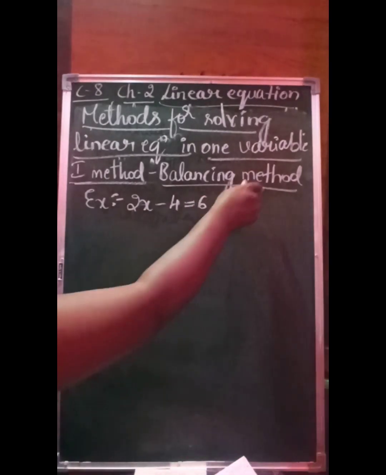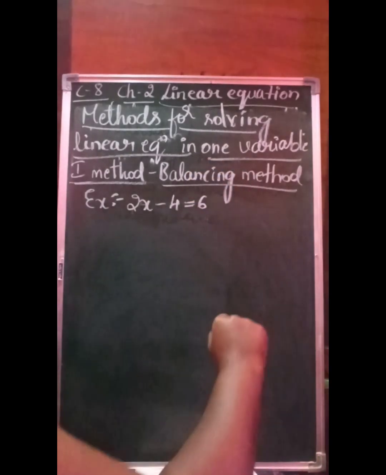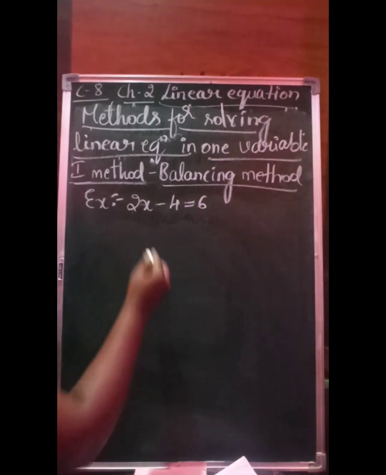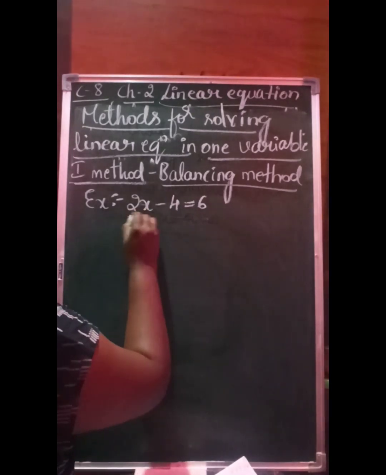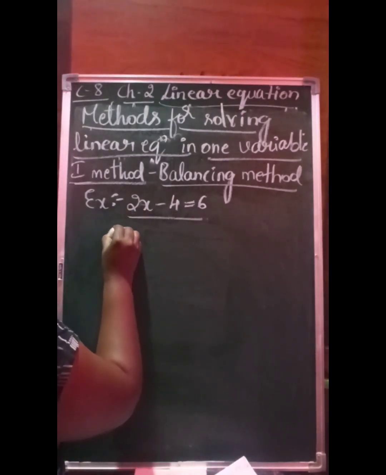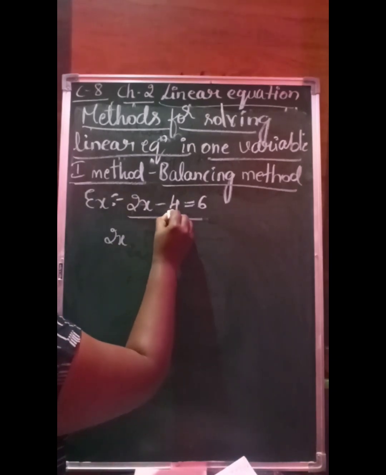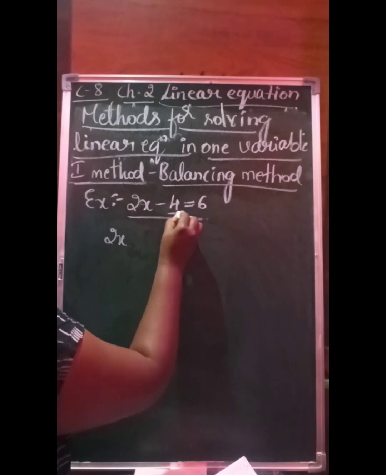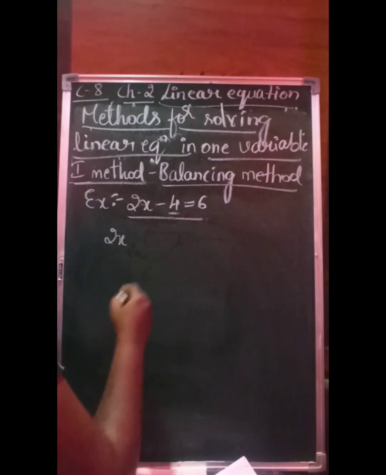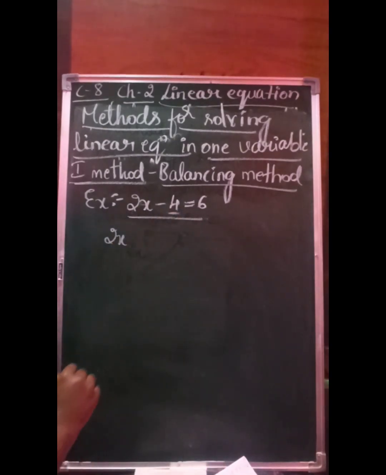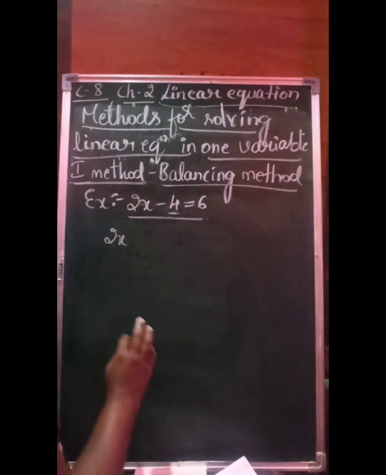The first one is the balancing method. So how to solve this one? Consider the given equation. Now consider 2x. We cannot change anything with the 2x first. First we need to observe this one, so that we should try to cancel this minus 4. If I want to cancel this minus 4, I have to add plus 4 on either side.